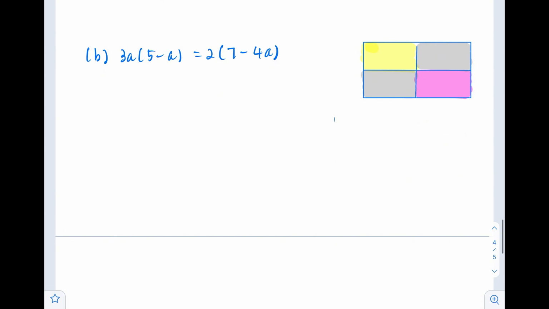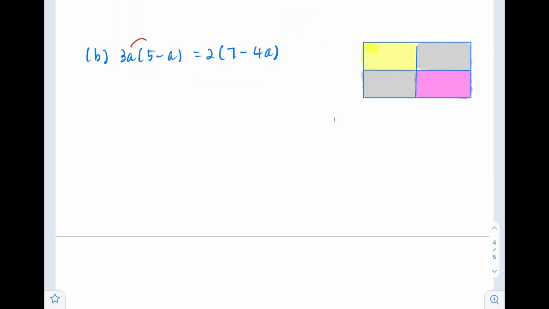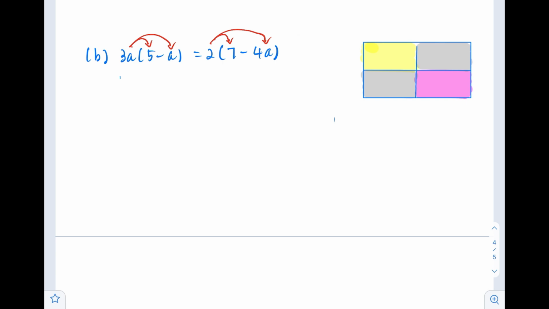If we look at this second example, we will need to start by using our distributive law to expand both sides of the equation first. After expansion, this is what we're going to get: 15a minus 3a squared equals 14 minus 8a.